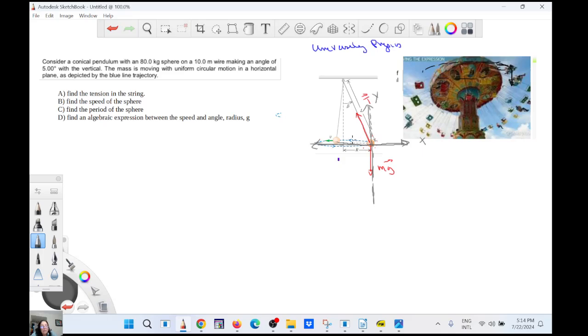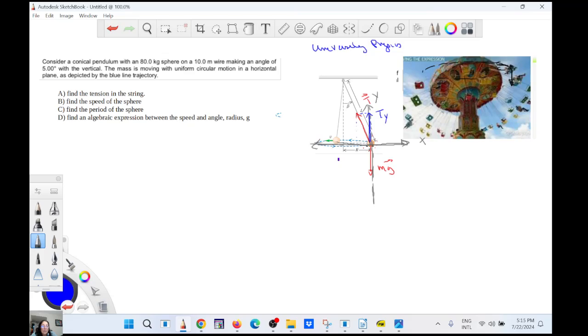So each time you have a circular motion, always take the X-axis in the plane of the motion, parallel to the radius. Now you see that the tension has two components. It has a Y component along the Y axis, and this component is in charge of balancing out the weight.